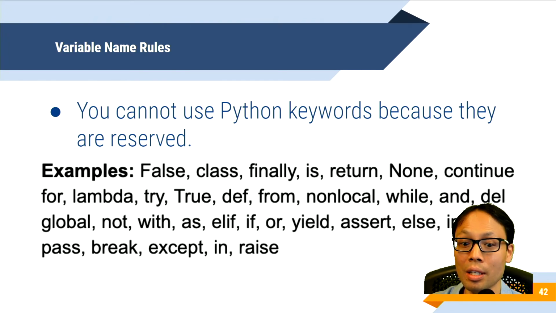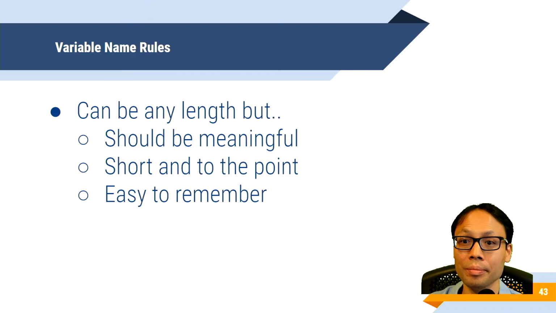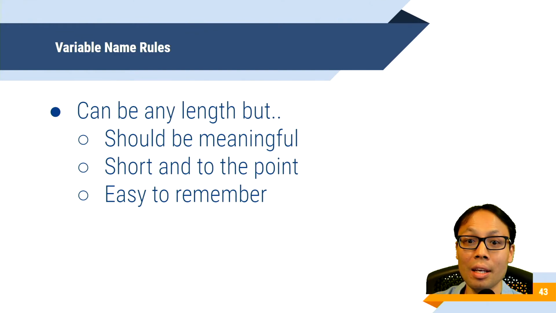In CS50 IDE, if you try to use one of these keywords, it'll actually change colors, giving you an indication that Python is using it for something else and not to use it as a variable name. Variable names can be any length, but they should be meaningful, short and to the point, and easy to remember.